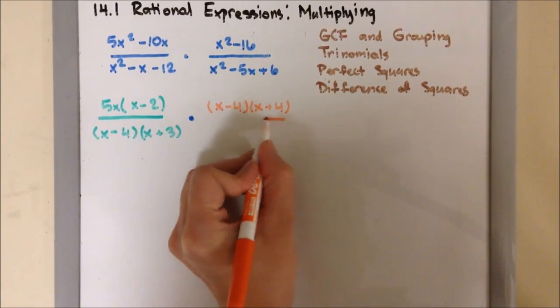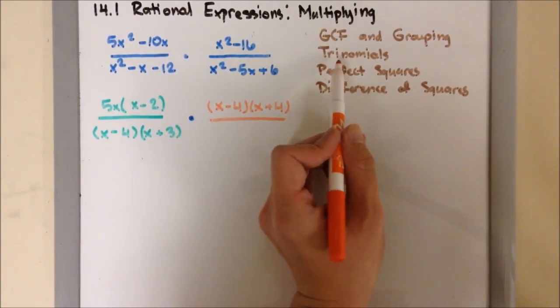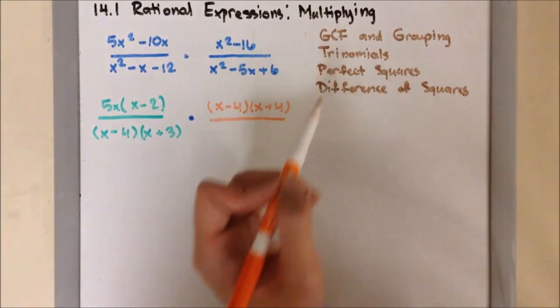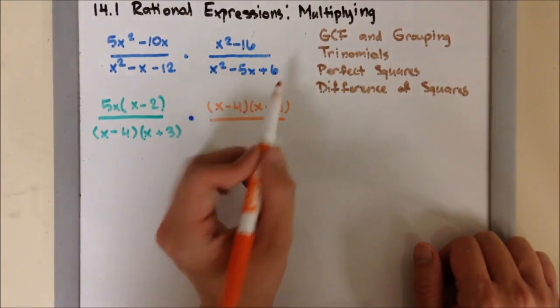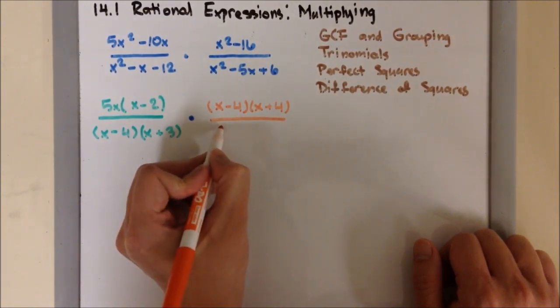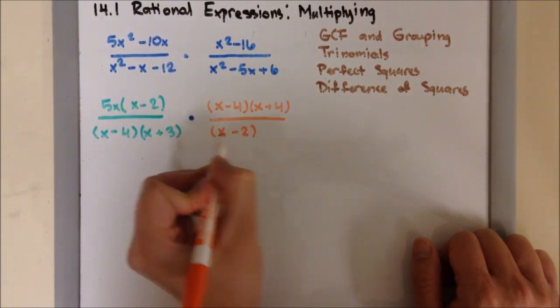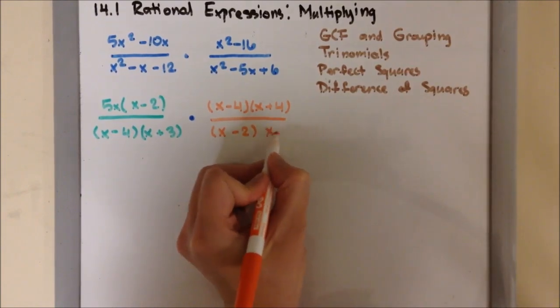And then on the bottom, x squared minus 5x plus 6 is a trinomial, so I'm going to do the work for factoring a trinomial. I'm not going to write it out, I'm just doing it in my head, but I would recommend that you write it out in your notes to understand the process. When you factor, you should have x minus 2 times x minus 3.